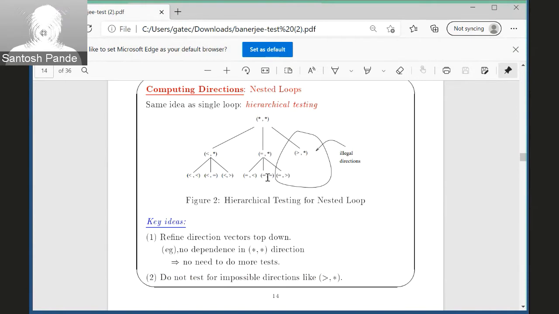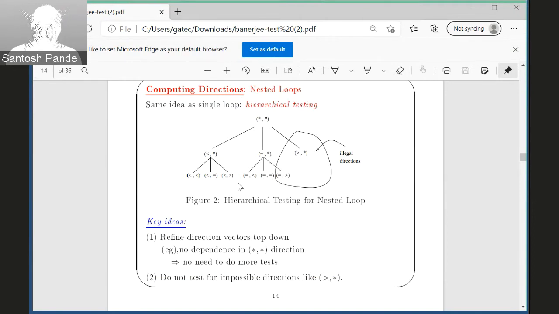The reason is this, that for many purposes of loop transformation, they are all similar, except for the fact of this less than greater than. So again, to summarize, we'll do an undirected directional vector test first, and we'll find out if that gives us independence.